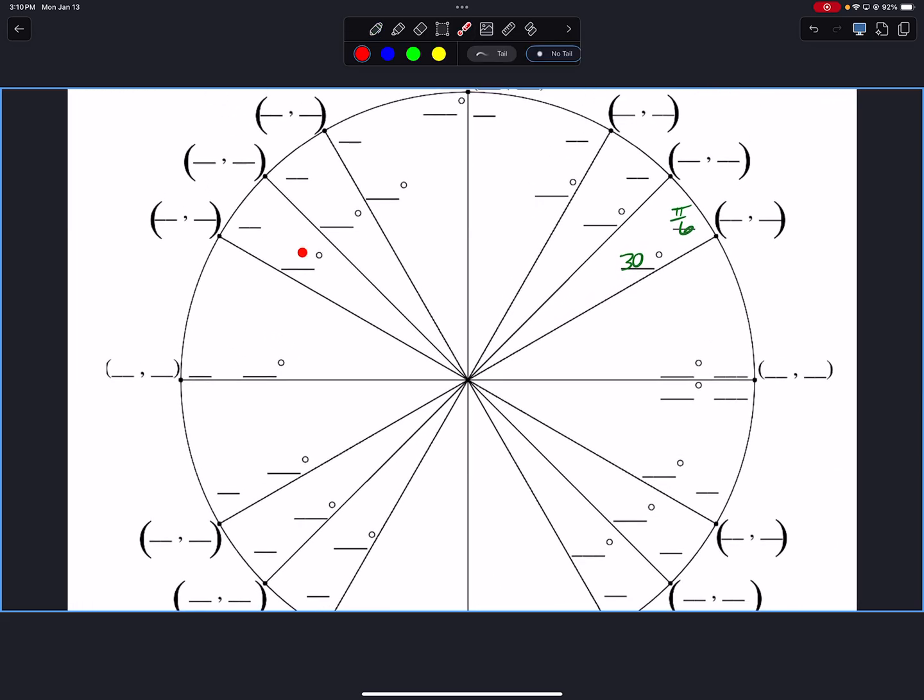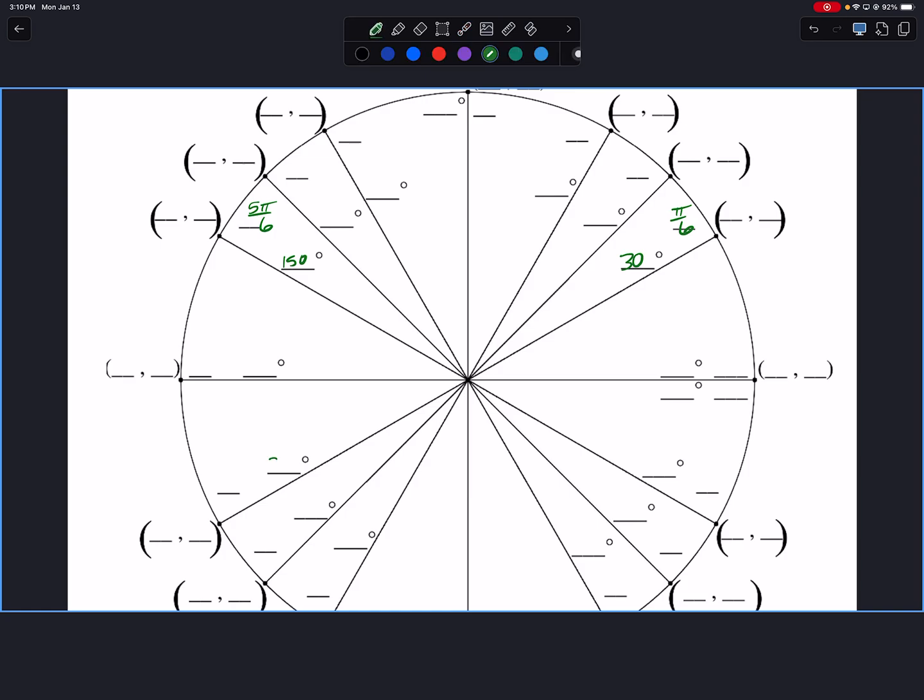So you guys are following along. How many degrees is this angle right here? 150. What does 150 correspond to? How many radians? 5 pi over 6. What's the degree measure here? 210.